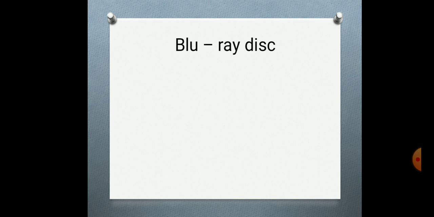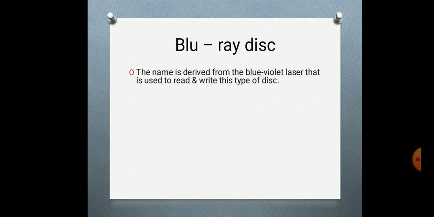The name Blu-ray disc is derived from the blue-violet laser that is used to read and write this type of disc. So because of this, we call this disc Blu-ray disc.